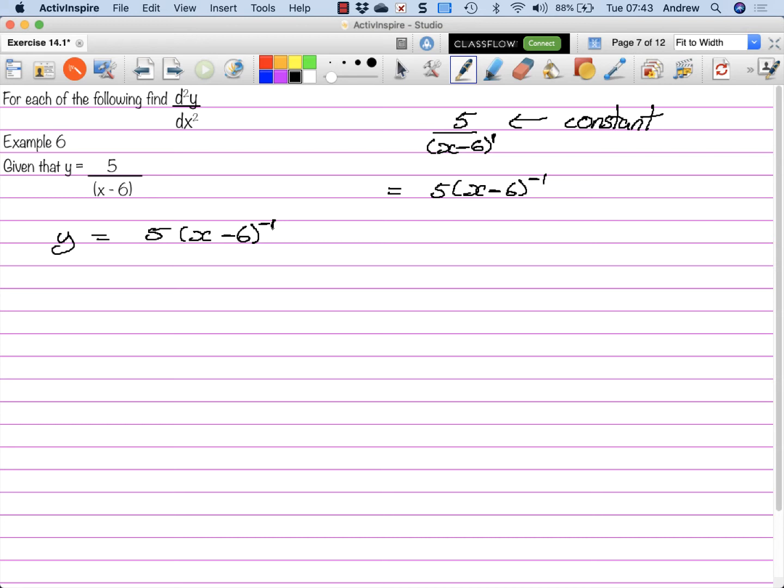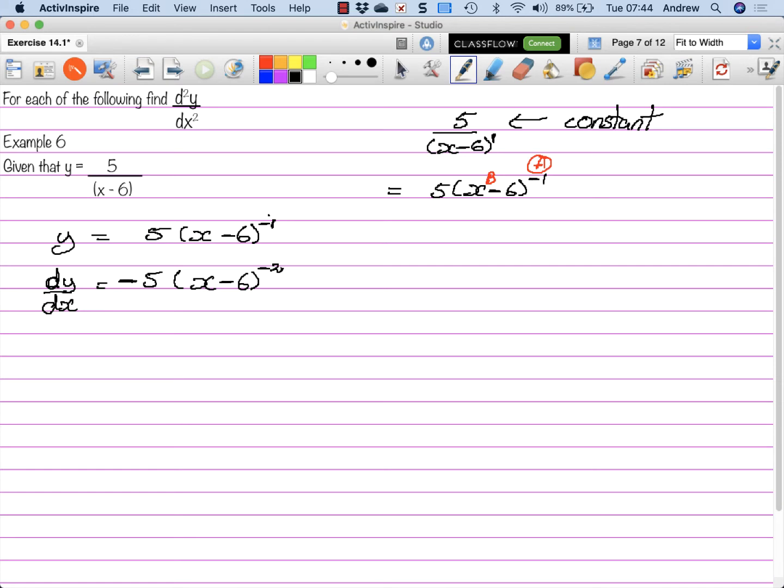Now we're going to differentiate this, and it is a function within a function. So the function inside is x minus 6, and the function on the outside is the power of minus 1. Because this function is on the outside, that's the priority, and this is the secondary function. So we're now going to differentiate this, dy dx, multiply by the power, so it's going to become minus 5 on x minus 6 to the power of minus 2.